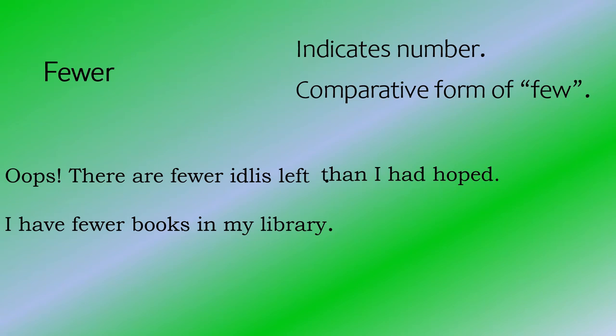And we used fewer, the determiner, in that sentence to get an idea of the number of books, though not certain. We don't get a definite number of books in that person's library, but we get an idea that there are fewer books. He's trying to compare it with something else. That idea we can understand from this sentence, fewer books in my library.